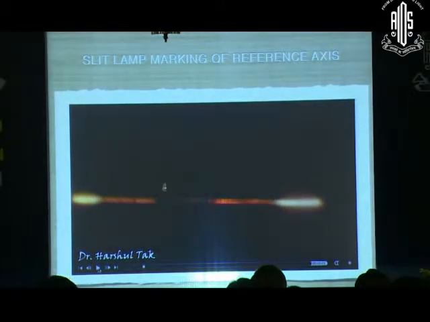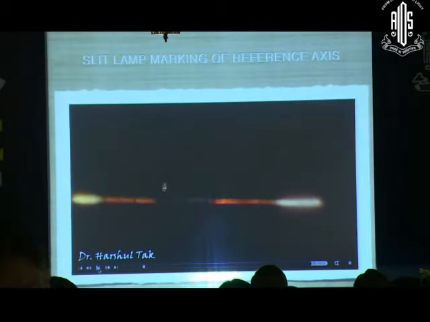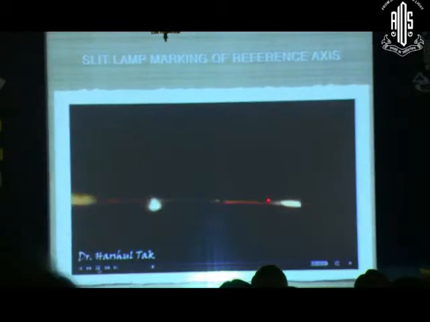Before dilating the pupil, take the patient to the slit lamp, rotate the slit beam, make it horizontal, and then use a 26 gauge needle to scratch the epithelium. If you directly stain with the ink, your ink mark can fade away by the time you take the patient into the OT.